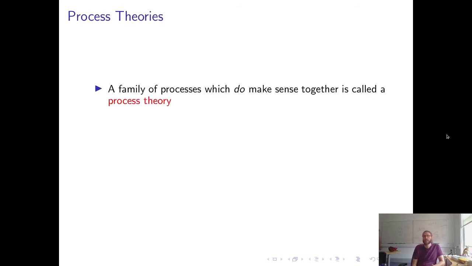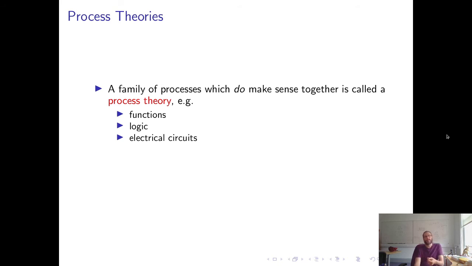Now, a family of processes which do make sense together is called a process theory. Some examples of process theories are functions, like what we've seen so far, mathematical functions. You could also imagine having logic as a process theory, where maybe your deductions in your logic are processes.